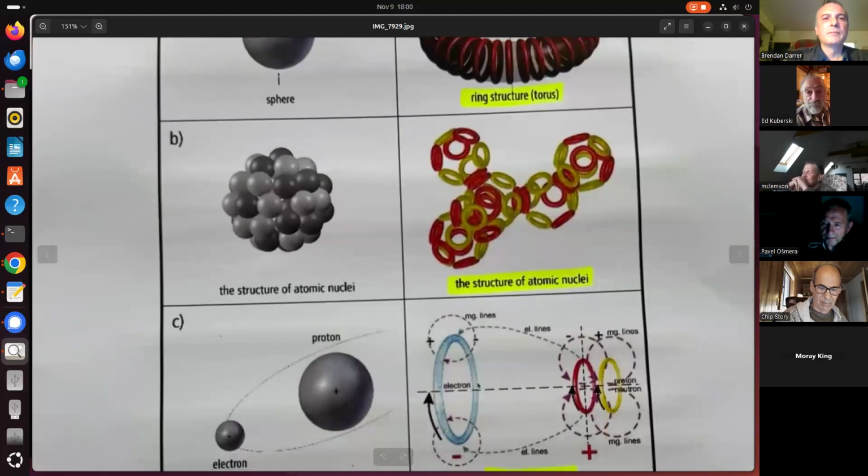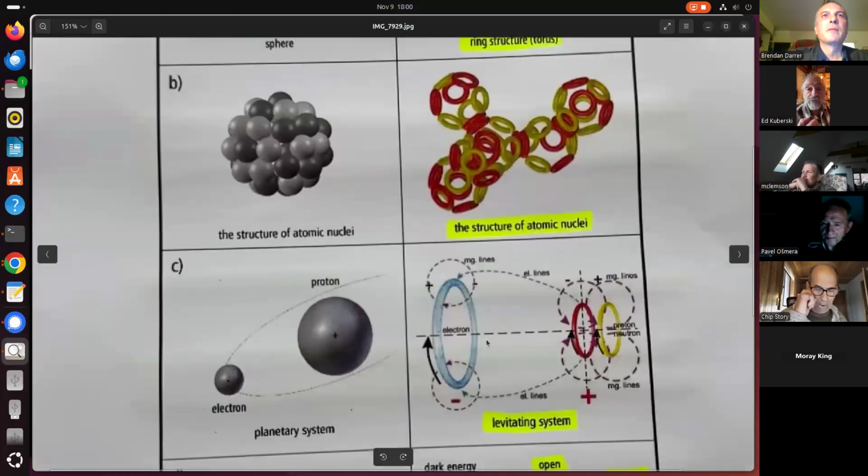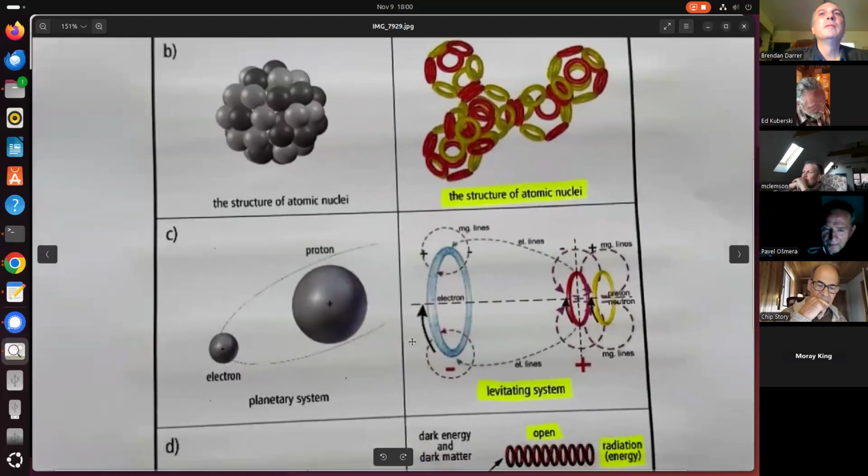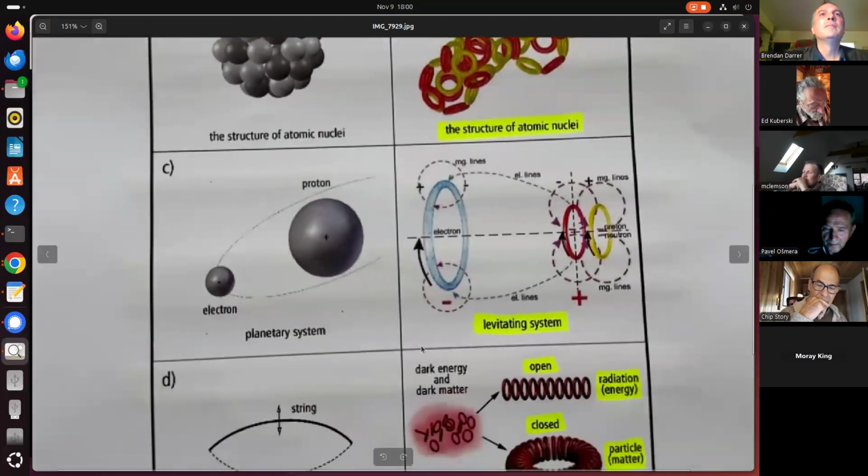You can see how they're completely different. They're using toroids, and the toroids are electrons, neutrons, and positrons in combinations. So there's the structure. Now, in the planetary system, you have the electron going around the proton. In Pavel's system, we have a levitating system, which is completely different than classical physics.